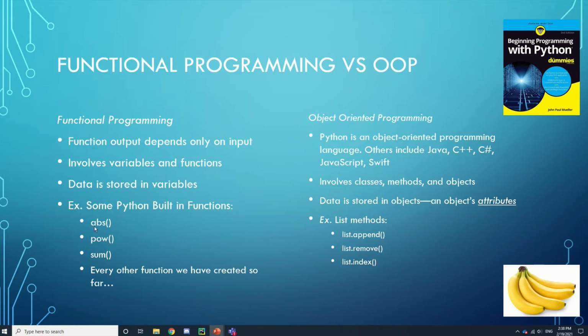If I do the absolute value of -1, it's always going to return 1. It's not going to return 5, or -1. You put in an input and it returns an output.